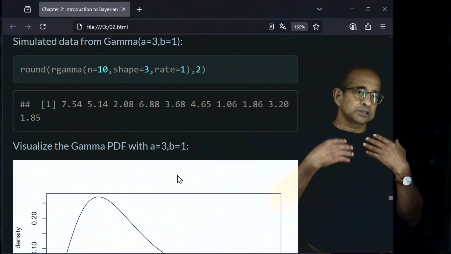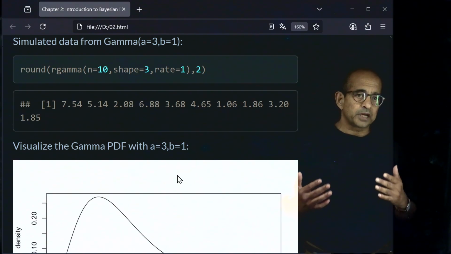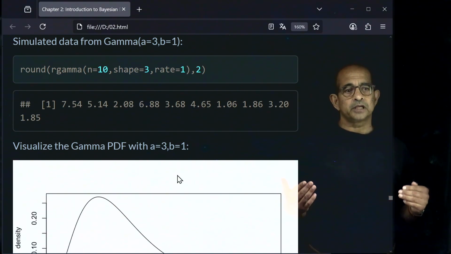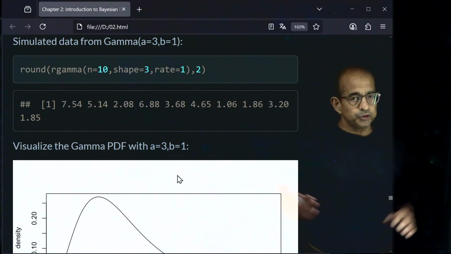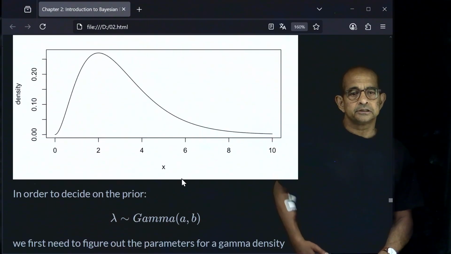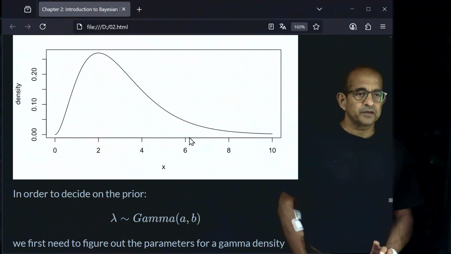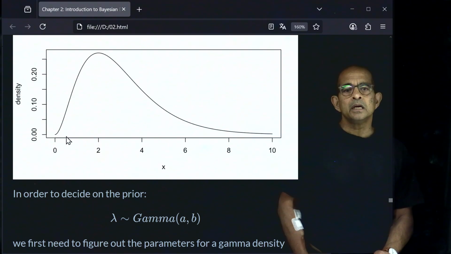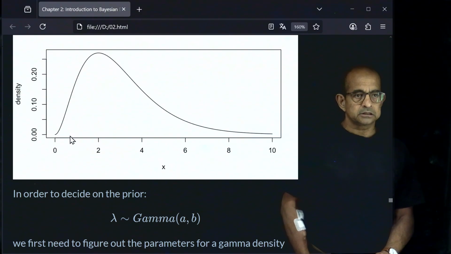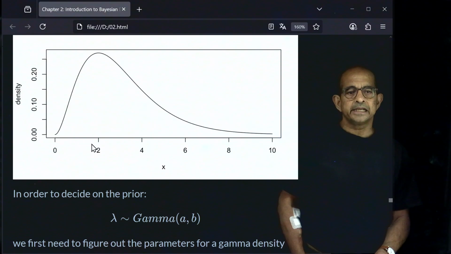The prior distribution represents your prior knowledge or prior belief about the parameter, and graphically you can view what you think is a reasonable range. For example, when I have a equal to 3 and b equal to 1, if this were the prior distribution for the lambda parameter, gamma(3, 1), then I would be assuming that the rate is not larger than 8.